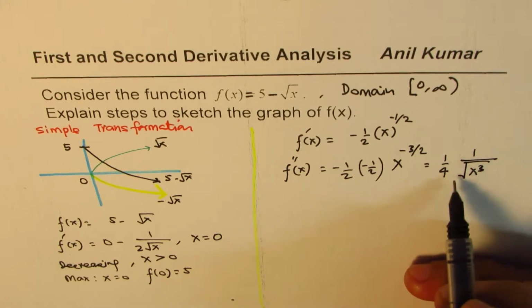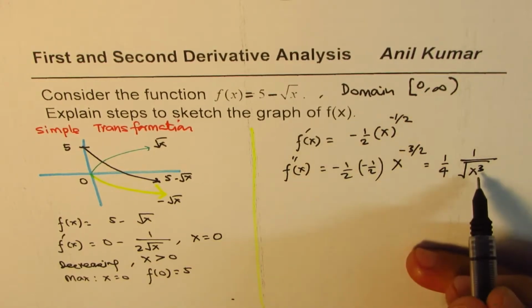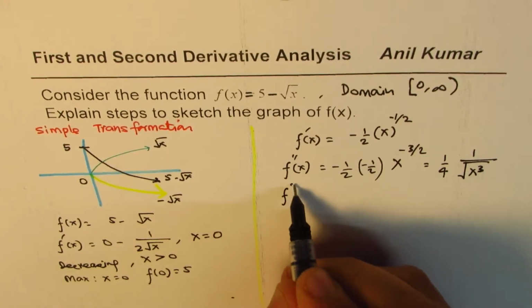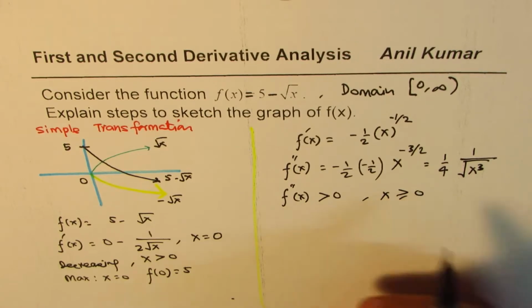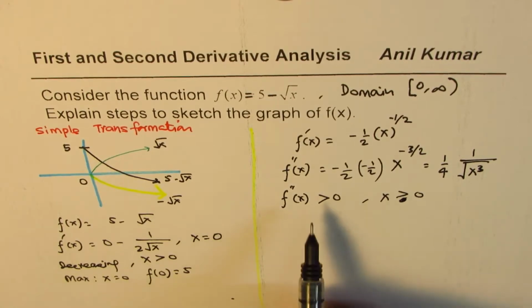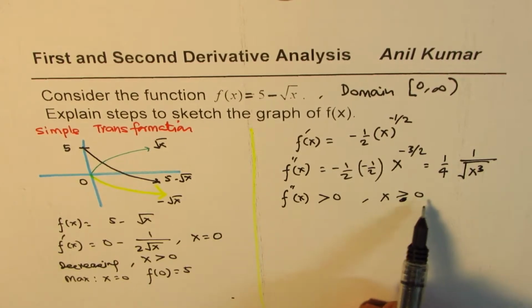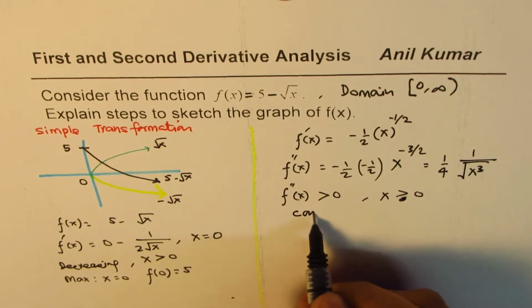Now, since we are working in the domain which is greater than 0, this is always positive. So we found that the second derivative is greater than 0 when x is greater than 0. At 0 it is not defined. Since it is positive, we know that the graph should be concave up.